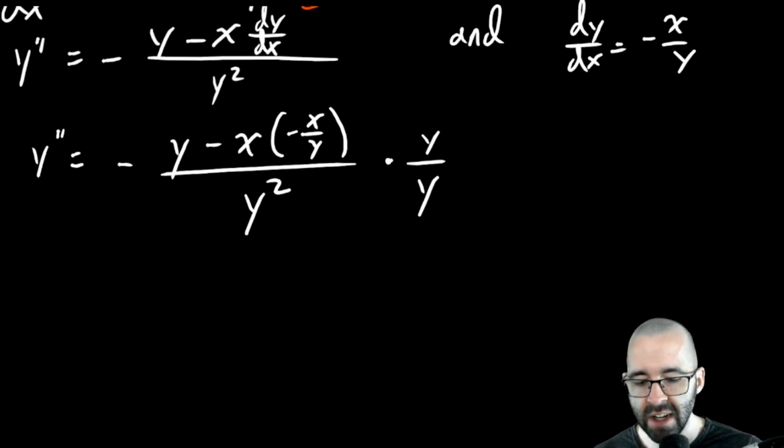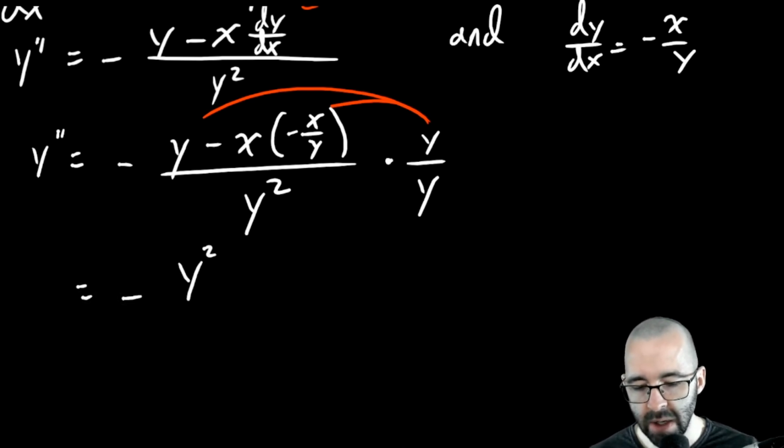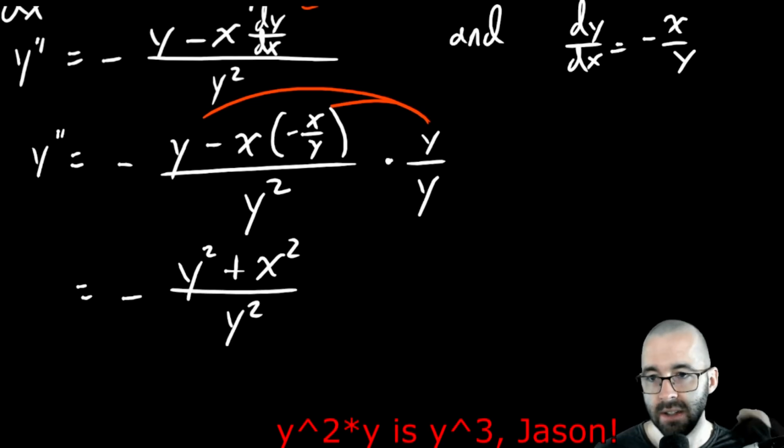Whenever you have complex fractions, you choose to multiply by the LCD. On the top, we have to distribute. Y times the first thing is y squared. Y times the second thing, well, these y's cancel out. Negative times a negative is positive, x squared. And the denominator is y squared.